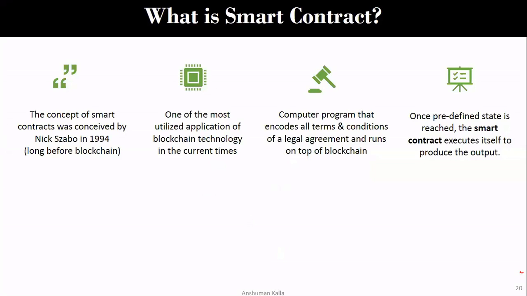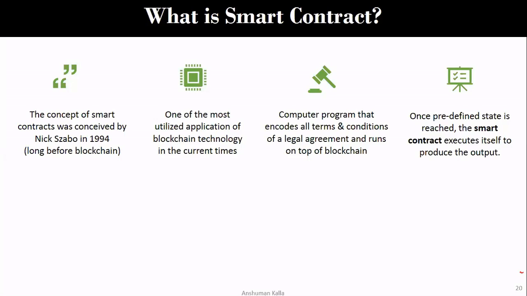Interestingly, smart contracts, which these days are always clubbed with blockchain applications, were actually created by Nick Szabo in the year 1994, and they are one of the most utilized applications of blockchain technology today, right? So what are these smart contracts?